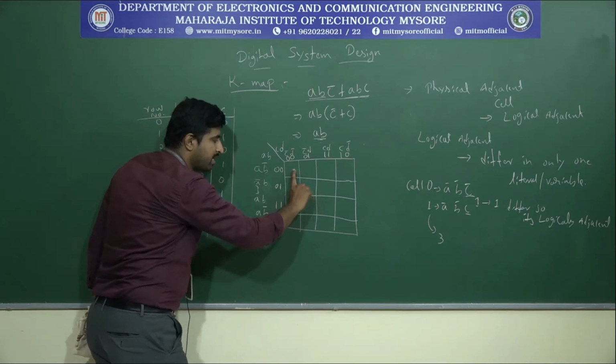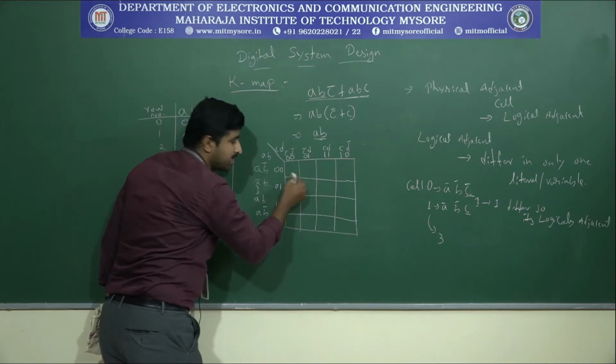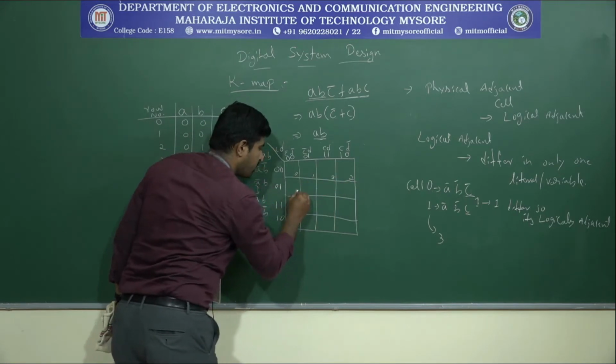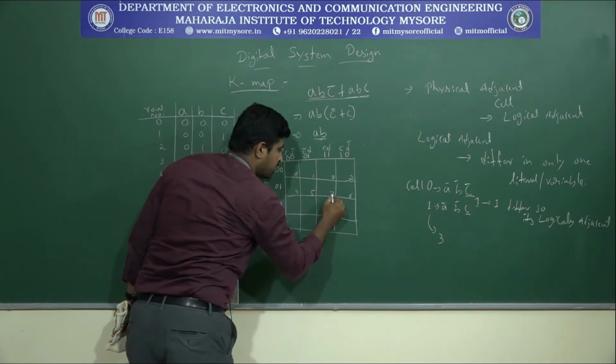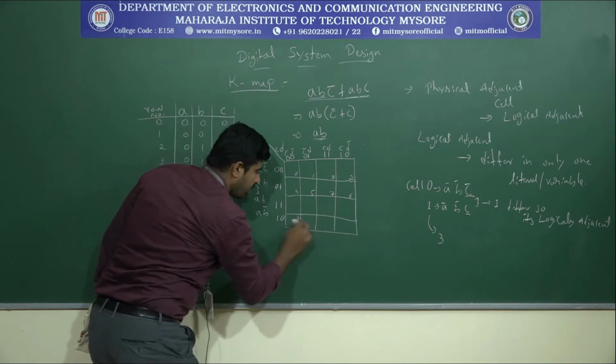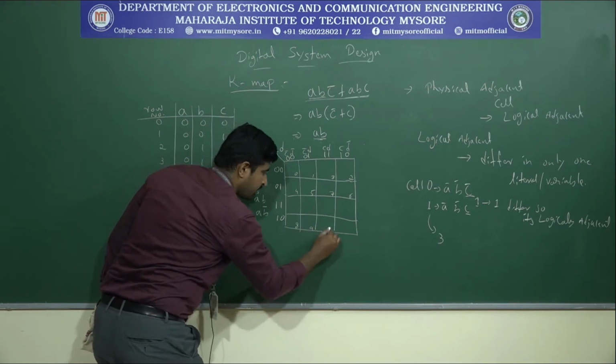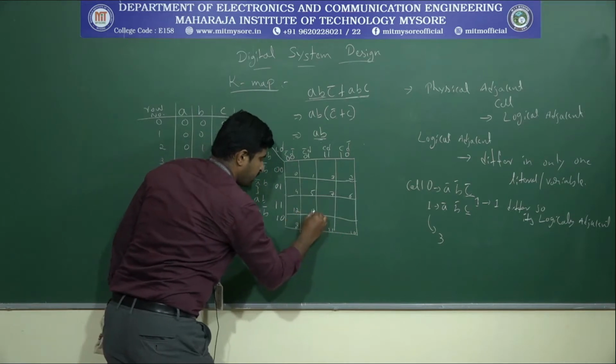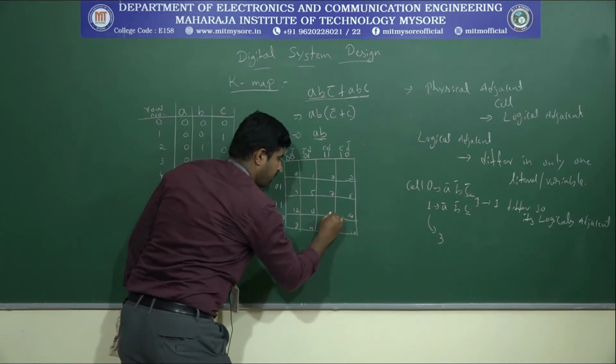Now I will write the cell numbers 0, 1, 2, 3, 4, 5, 6, 7, 8, 9, 10, 11, 12, 13, 14, 15.